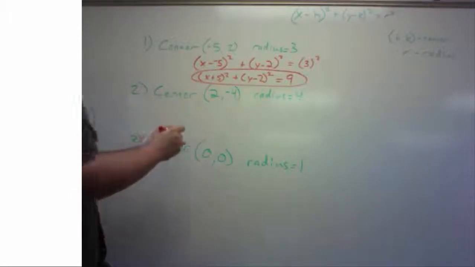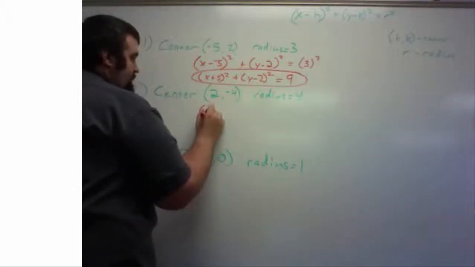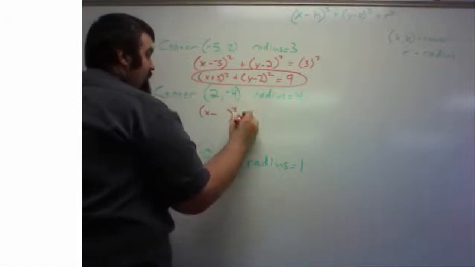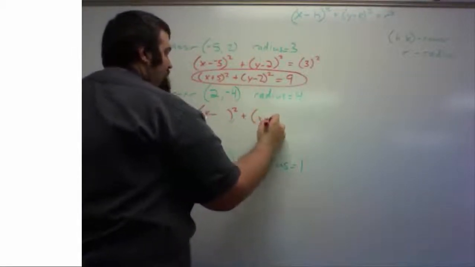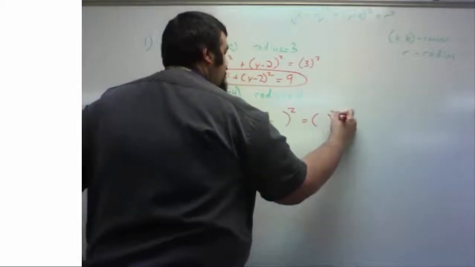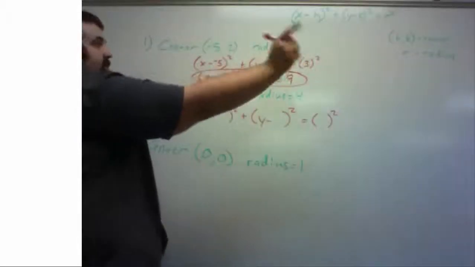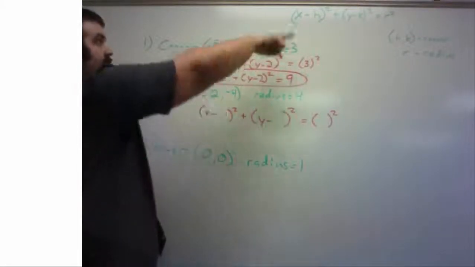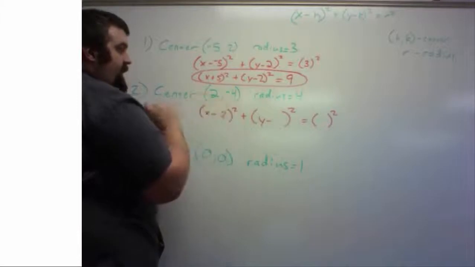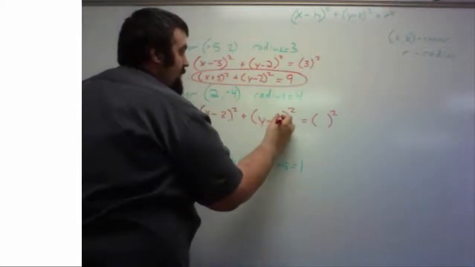Alright, so let's try to write the next equation. Well, again, that's going to be x minus h quantity squared plus y minus k quantity squared equals r squared. H is the first one in the coordinate, so 2. I put that with the x. K is the second one in the coordinate, so -4. That goes with the y.